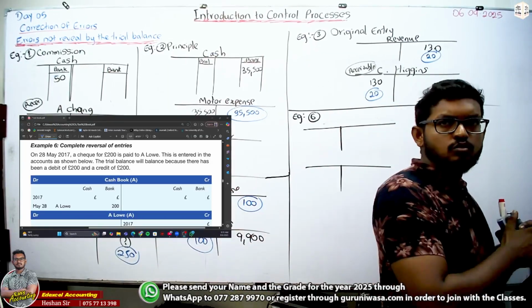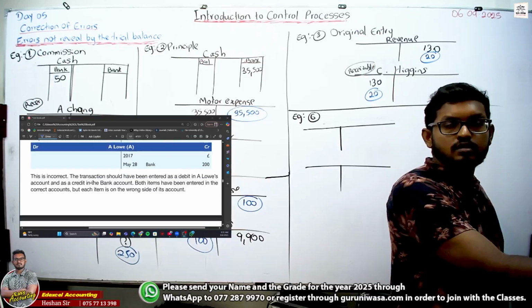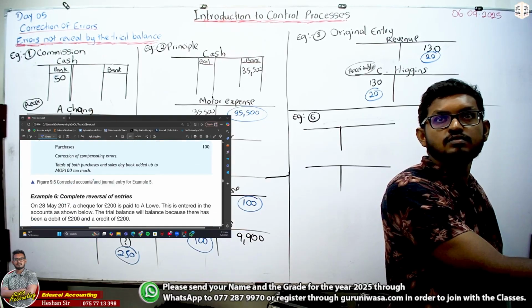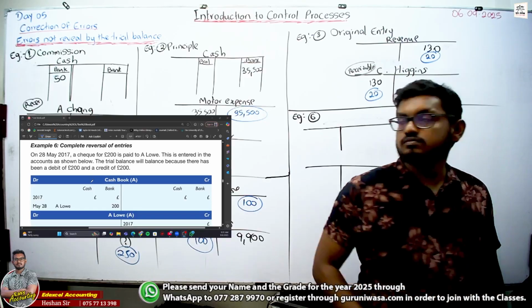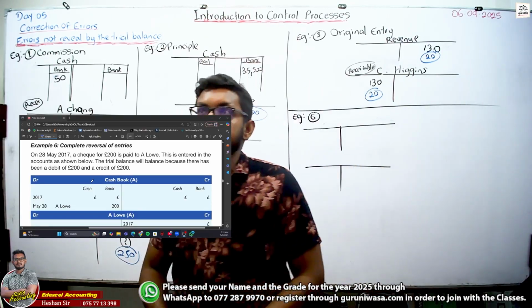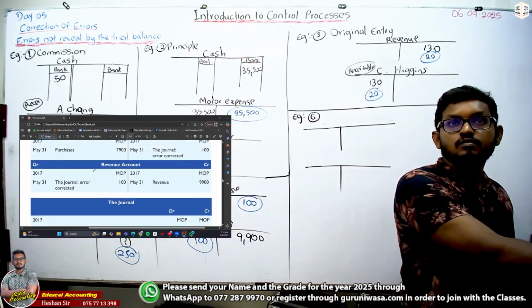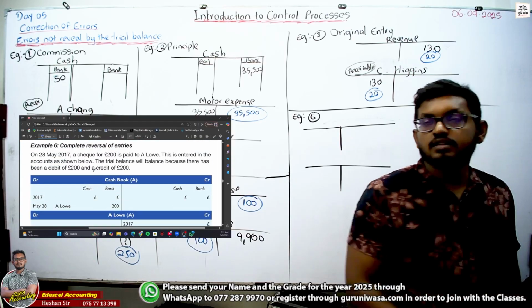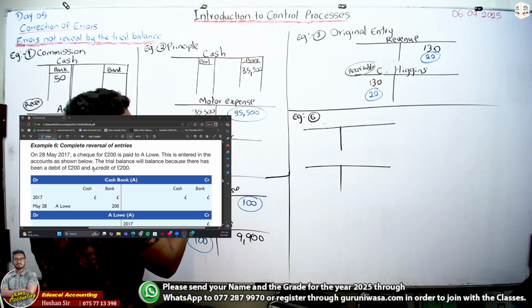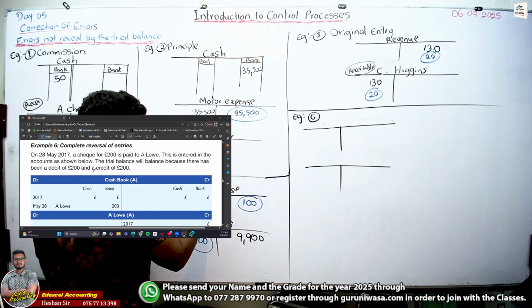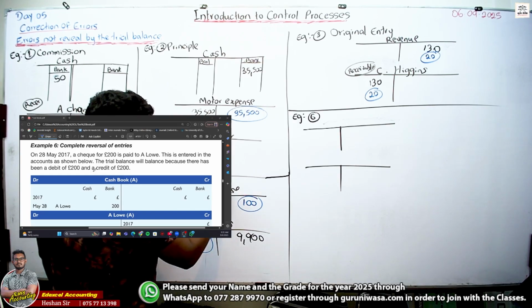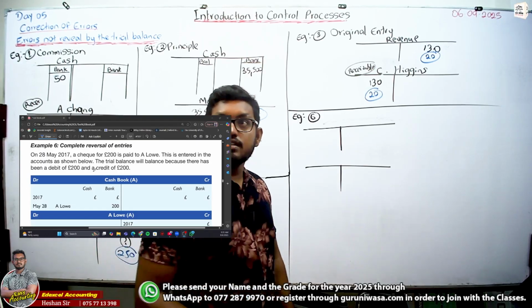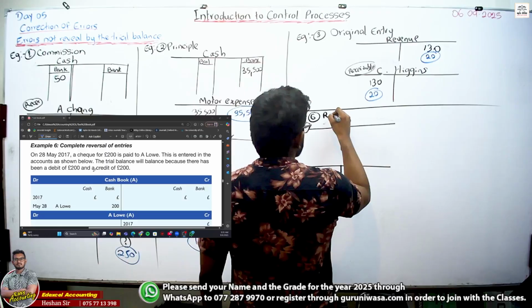The last one. Number five is compensating. In here, this is a complete reversal. Recorded on the opposite side.